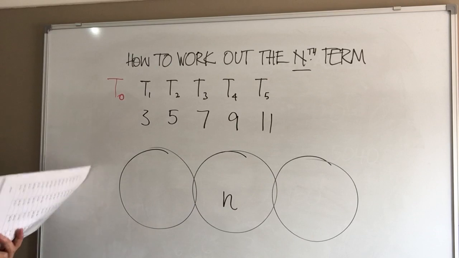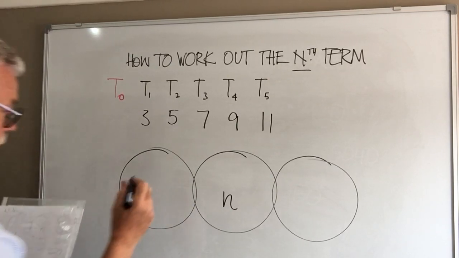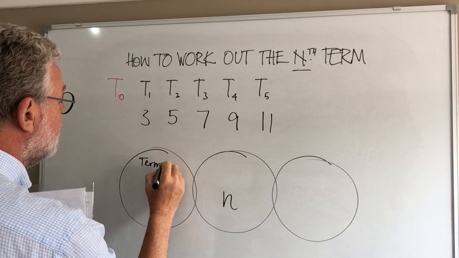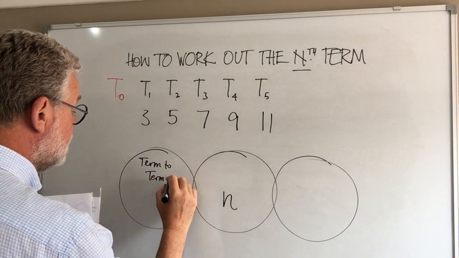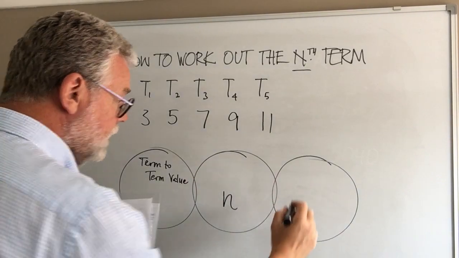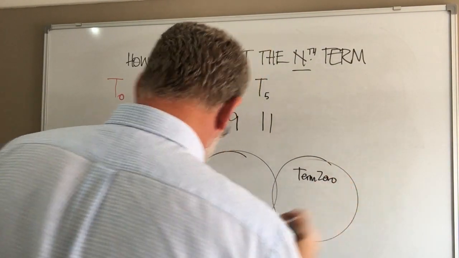It'll come clear in a second, because in this box I'm going to put the term to term value, and this box here I'm going to put term 0.